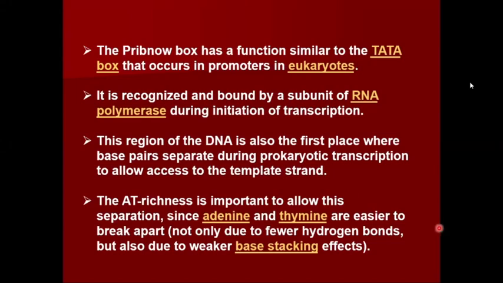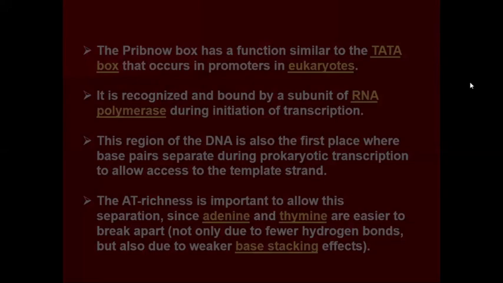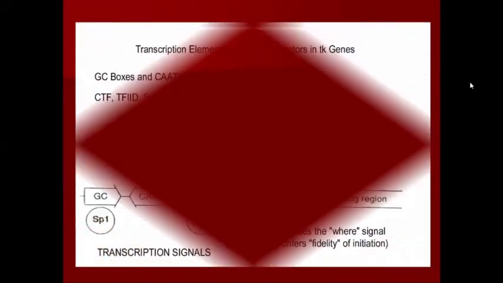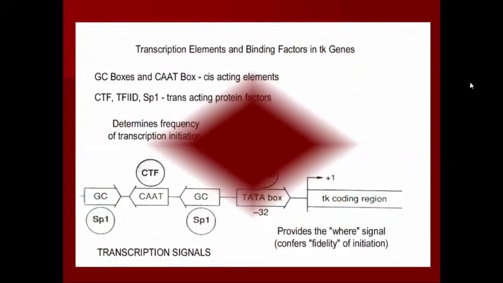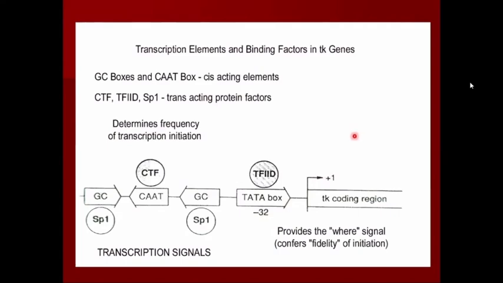Okay? It is easier to break apart or unwind. In eukaryotes, this is the counterpart. Okay? The TATAAT box, the negative 32 box.